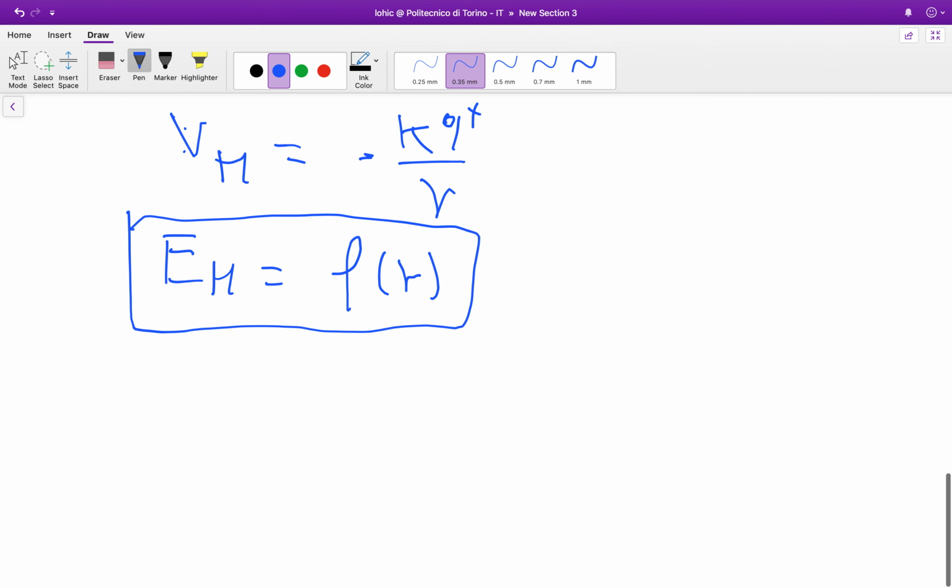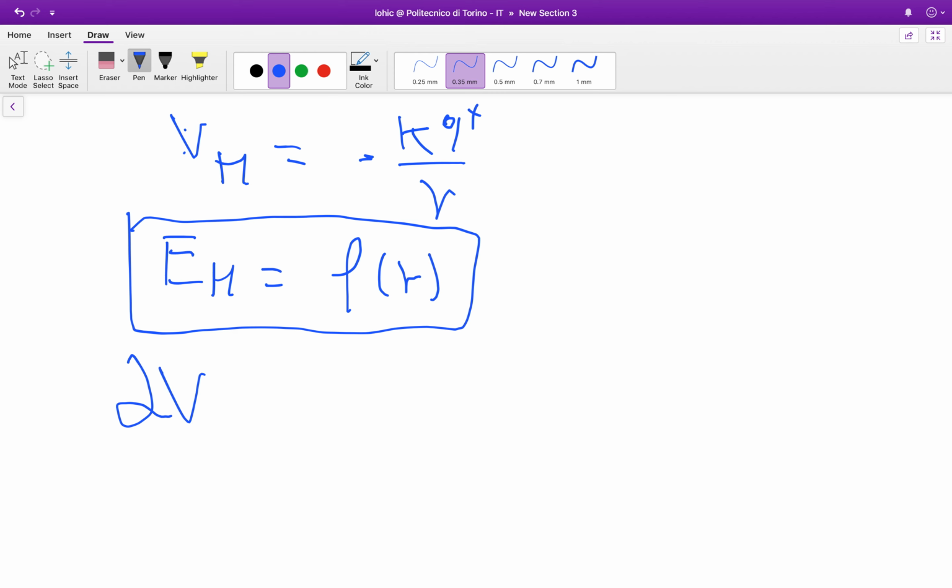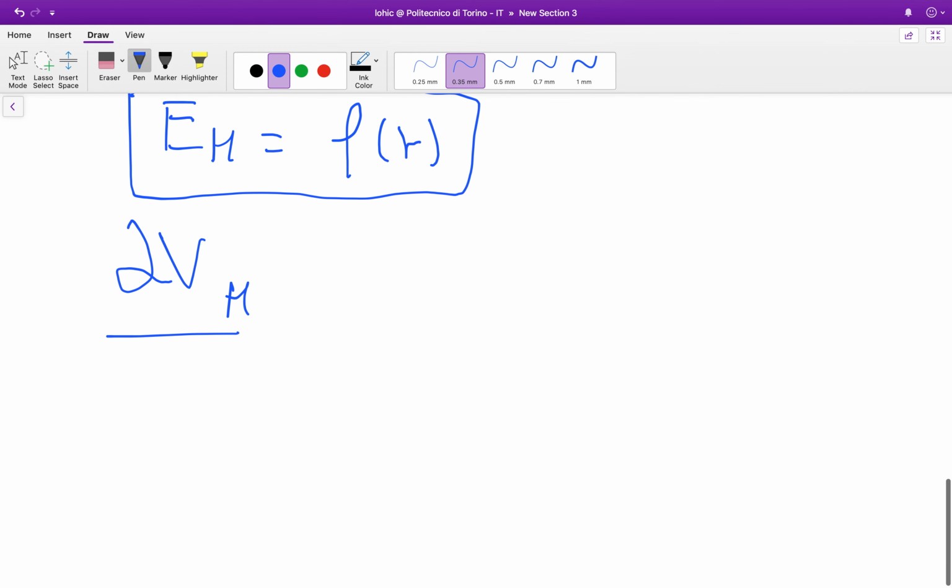Keep in mind, what if I do the derivative of the electric potential with respect to R, what do I get?